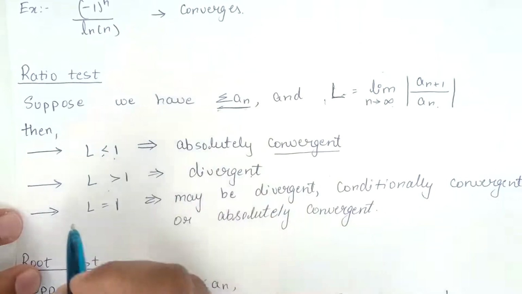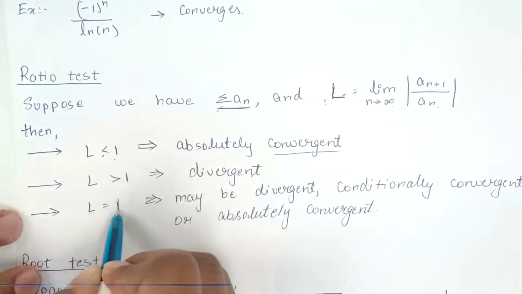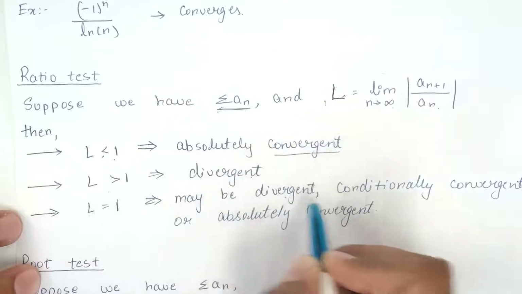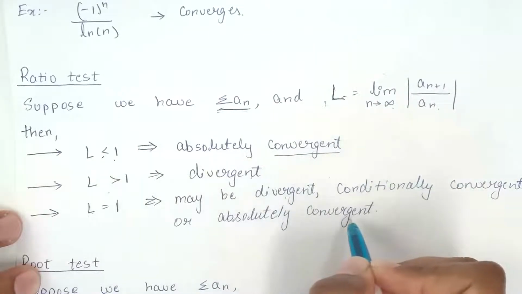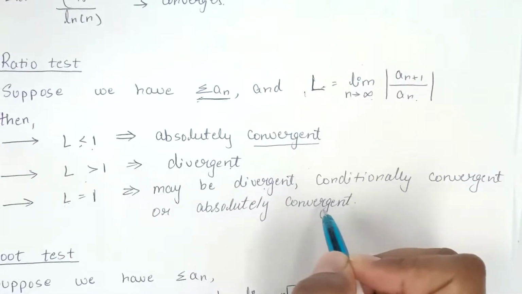Okay, and we have a special case where L equal to 1. You might see this quite often. Okay, so if you get L equal to 1, that means it could be divergent, it could be conditionally convergent, or absolutely convergent. Okay, you may see all these conditions.